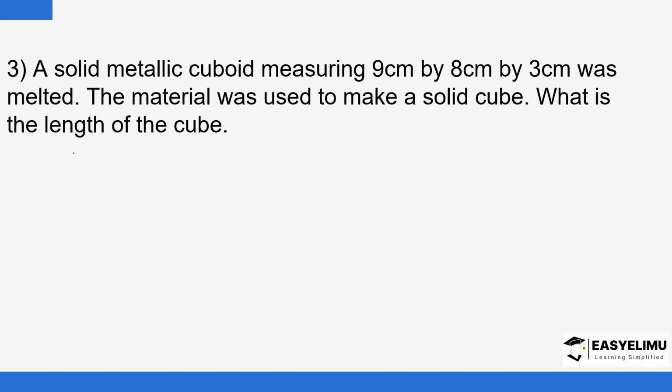If one object is melted and then used to form another object, then the two volumes are the same in measure. So V1 should be equal to V2. V1 here is the volume of the cuboid and V2 is the volume of the cube. V1 should be equal to length times width times height. This is what we are learning right now.